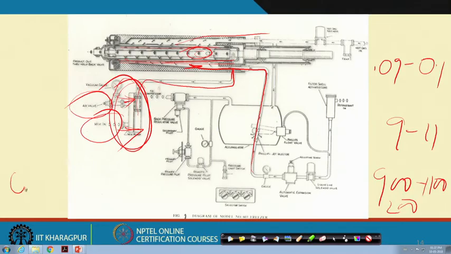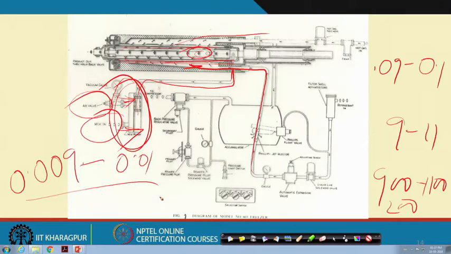But if it is 0.09 to 0.1, then it is very small. And if it is even smaller, 0.0009 to 0.01, then it is even smaller.